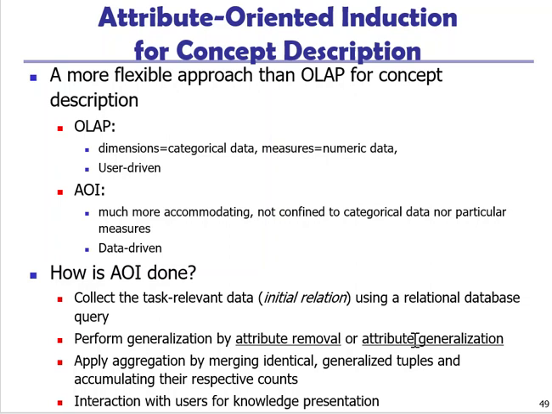For example, from a student's birthday, you can find the age and generalize the age to young, old, mature, and so on. Both steps are similar to the concept hierarchy and the roll up step in OLAP, where we either remove a dimension or go up along the concept hierarchy. So OLAP also performs concept generalization, and AOI does that too.